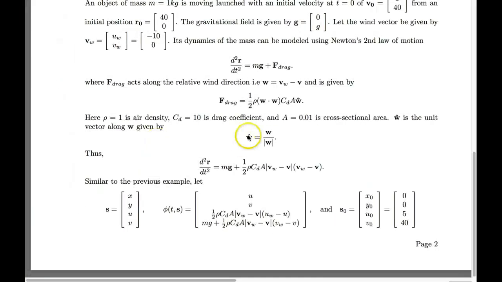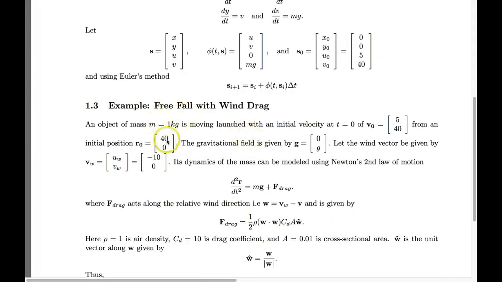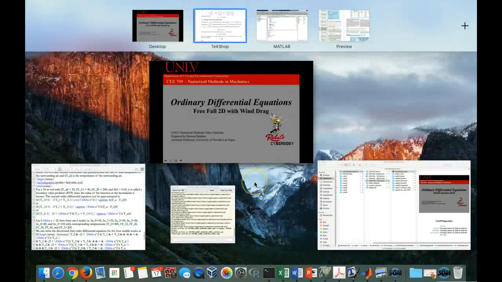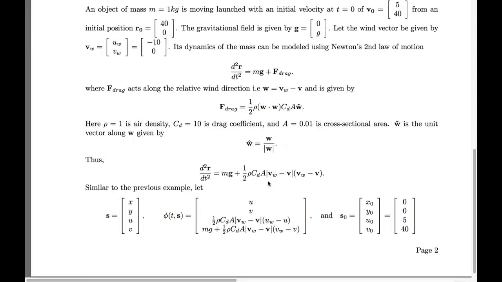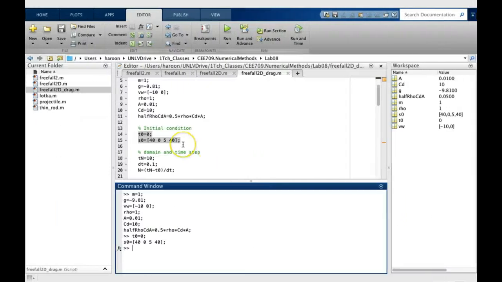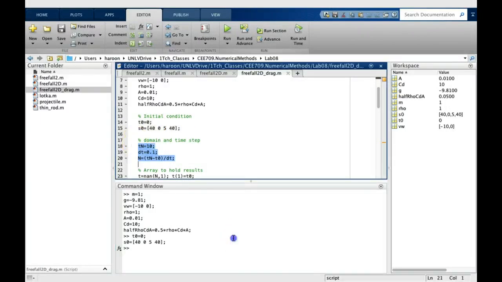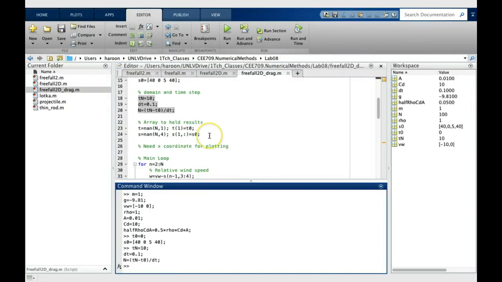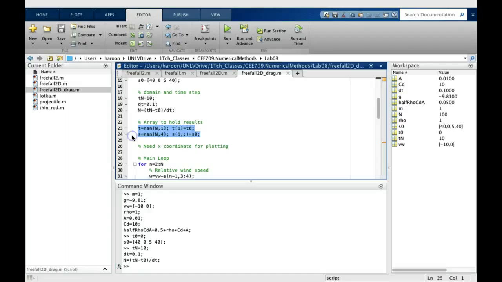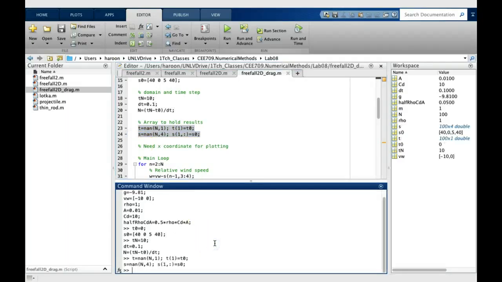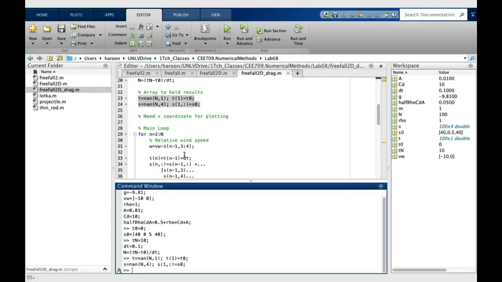Oh, in this case, the position has been changed to 40, so it's moving from a certain x direction location just for the convenience of plotting. So let's go back here. Again, we create our time domain. In this case, we're going to run it for 10 seconds. And we have our state and time array for holding all the data.